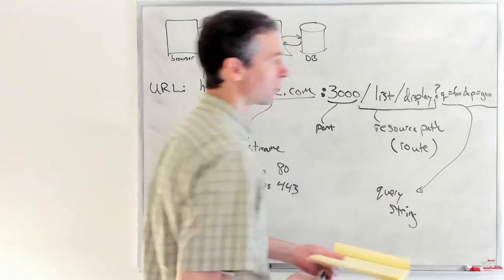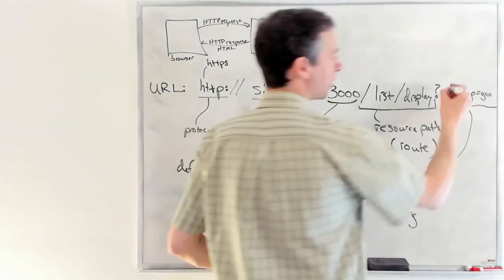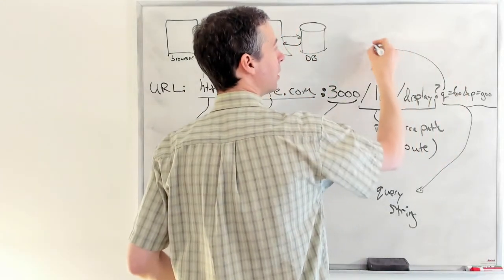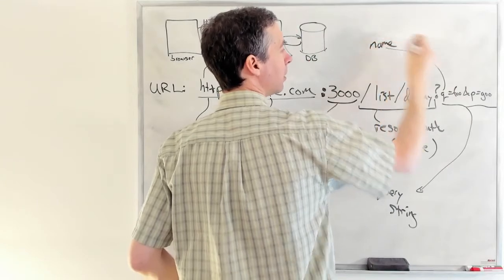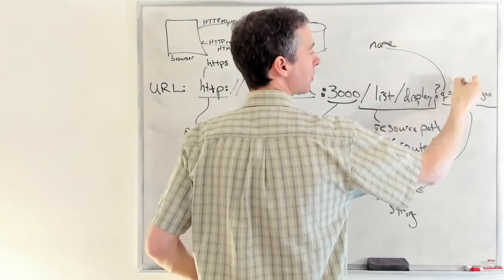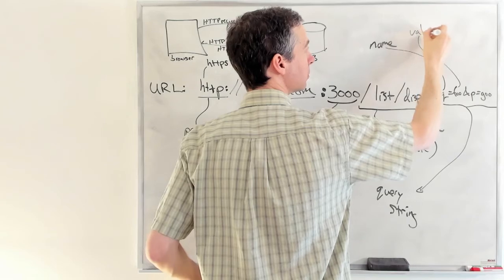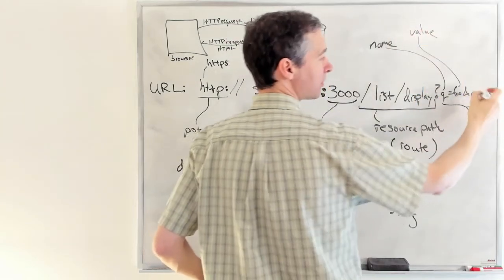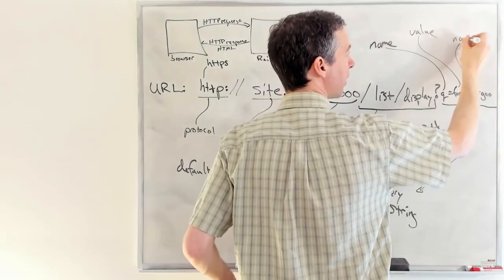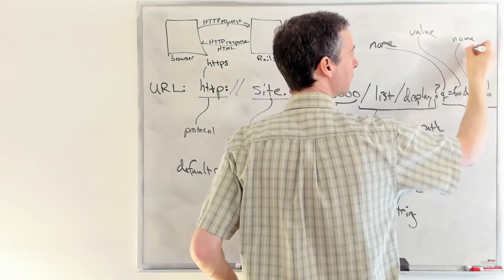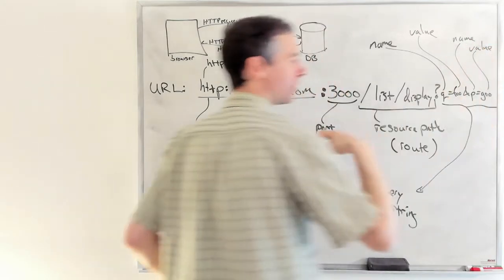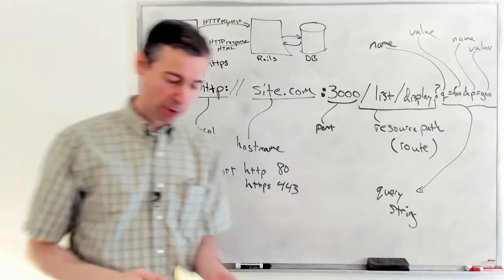This format is set up so that you have a name equals some value, and then an ampersand separates the name value pairs. So you can have this long string of name value pairs.